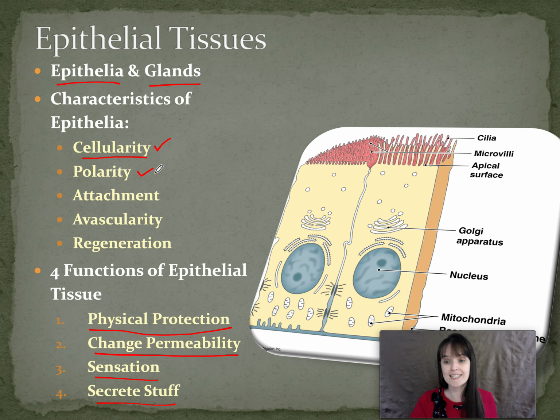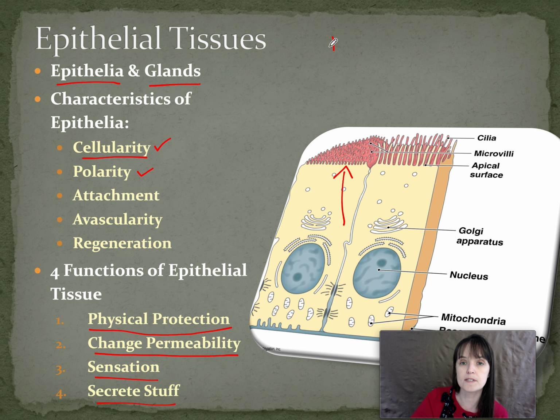Polarity means that it has a top and a bottom. As you can see here, the top, I'll go ahead and tell you, is called the apical surface. I have terrible handwriting and I'm writing with a mouse, so apologies. You know what? It says it on the picture, doesn't it? It says it right there.